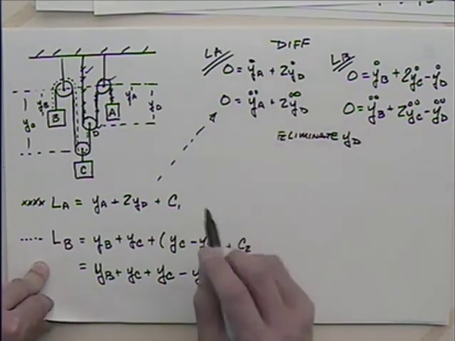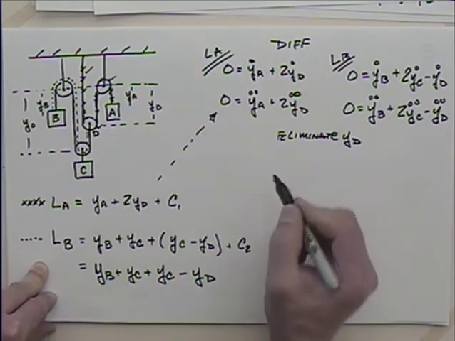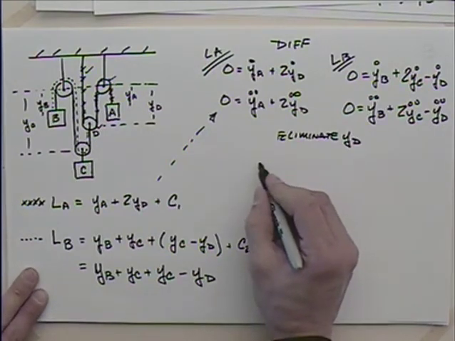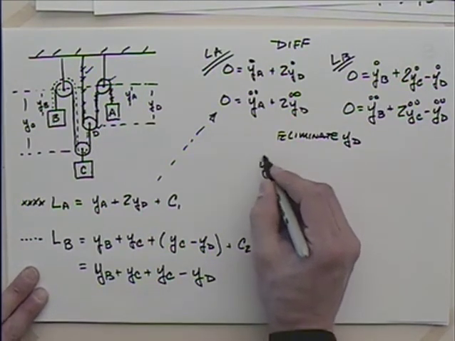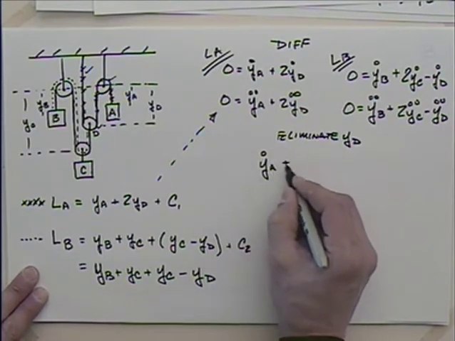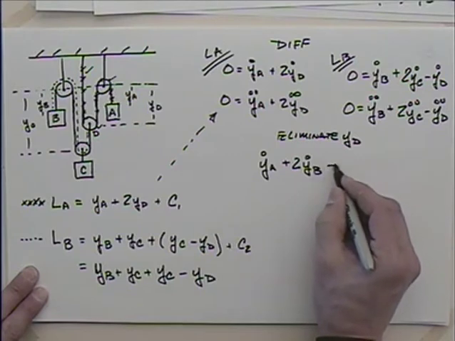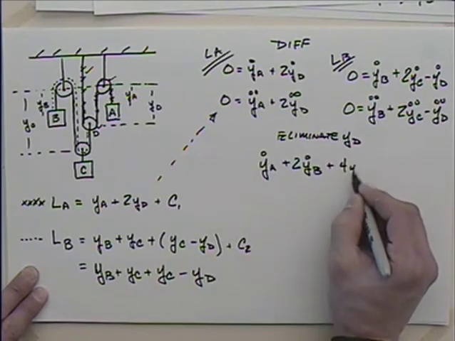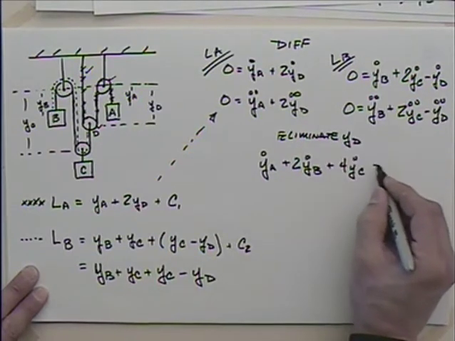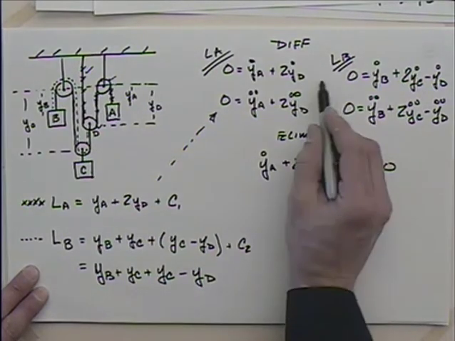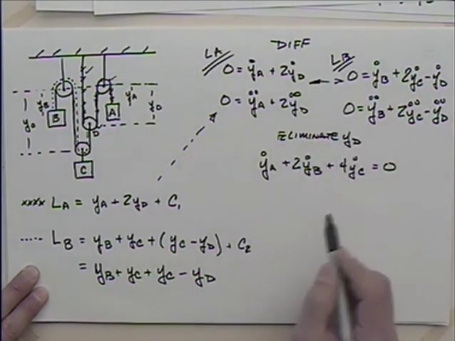So I'd probably solve one of these for y sub d and substitute it into the other one. When you do that, you'd come up with y sub a dot plus 2 y sub b dot plus 4 y sub c dot is equal to 0. So I'm just combining these two equations to get rid of y sub d.